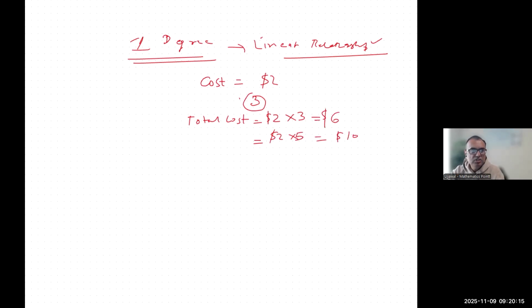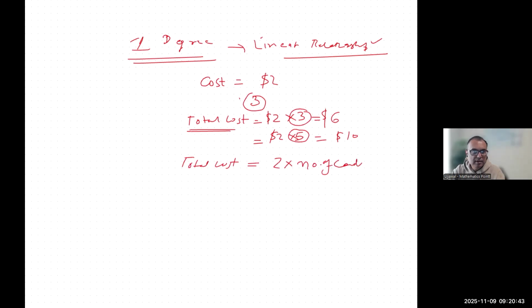And you see now here, there is a linear relationship that's sitting underneath. Total cost is equal to 2 times the number of candies.